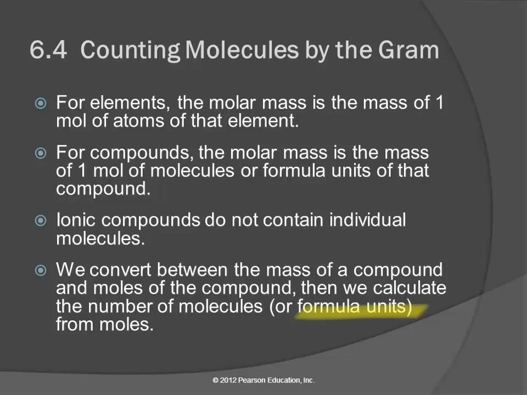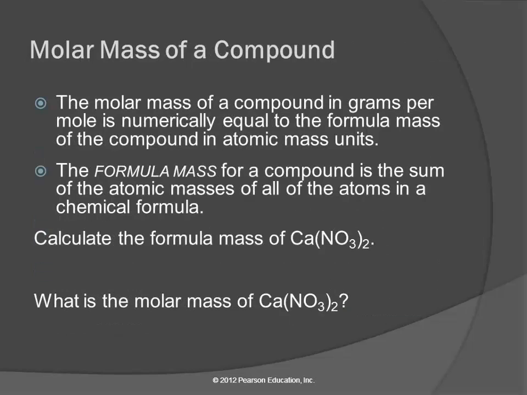I'm not going to try to trick you on an exam with questions about formula mass versus molecular mass. But the formula mass is the mass of a formula unit. The molecular mass is the mass of a molecule. The molar mass is the mass of a mole of whatever units those are. So it's going to be equal to that formula mass for the compound.